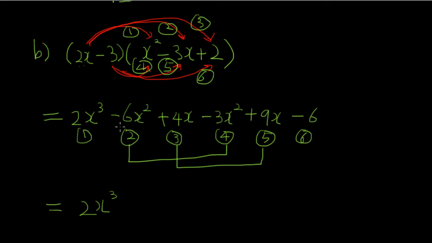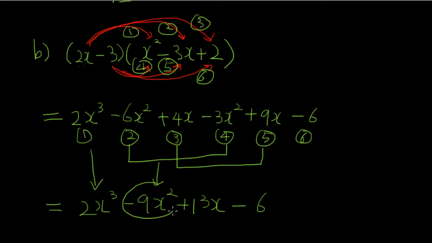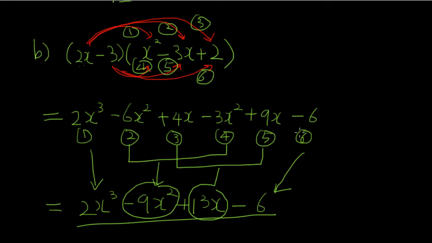You can combine the numbers, negative 6, negative 3, negative 9x squared, and 4x plus 9x, which is 13x. And this one doesn't have like terms, negative 6. So this goes here. These two combined become this. These two combined become this. And that goes here. And that's our final answer. Right? That's how you multiply two polynomials.